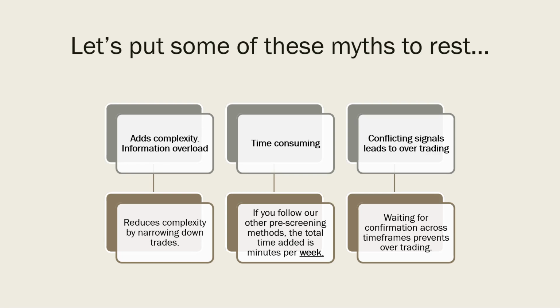So if you've got a trade and you're only able to identify the setup on one time frame, and you discard those and only take trades that are setting up across time frames, then it's actually going to help prevent overtrading.